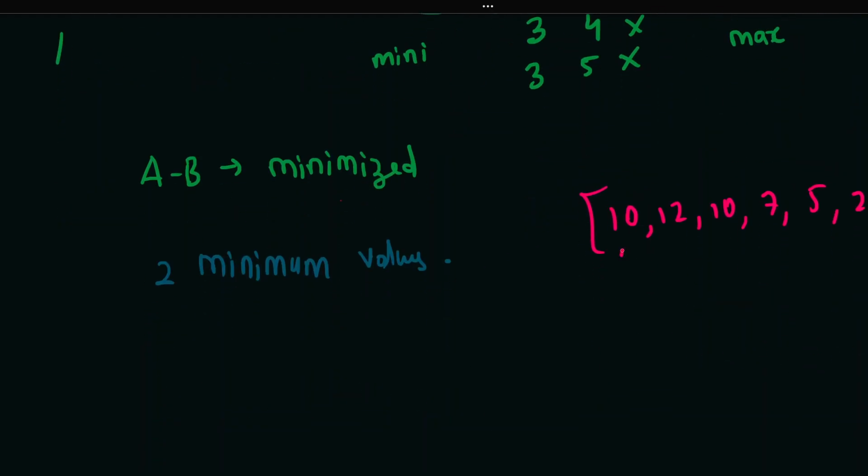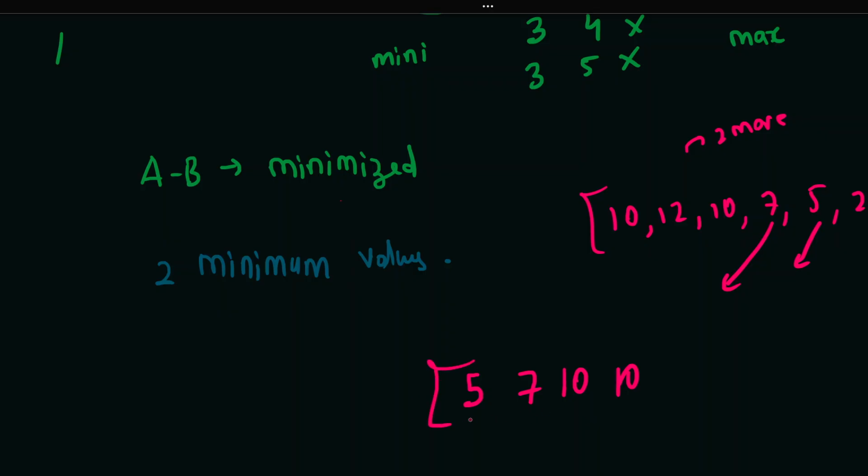So let me take two minimum values. It would be 7 and 5. But I need two more, right? So what I'll do, I'll fill in some other values. Suppose let's take 10 and another 10.